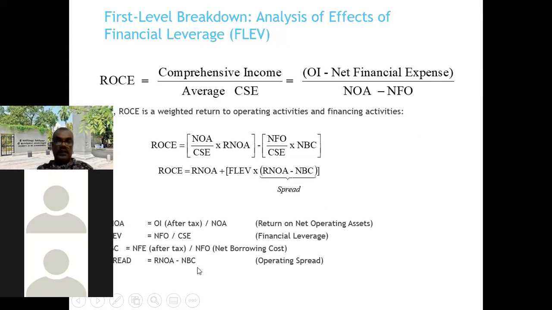Under normal circumstances, this spread looks to be positive, but there could be instances due to some exceptional cases, maybe a situation like the COVID pandemic, your operations are highly curtailed, whereas you have to incur lots of fixed costs, or due to any other reasons, maybe related party transactions, your net borrowing cost may be higher than the return on net operating assets. If that's the case, you are in a really, really troublesome situation.